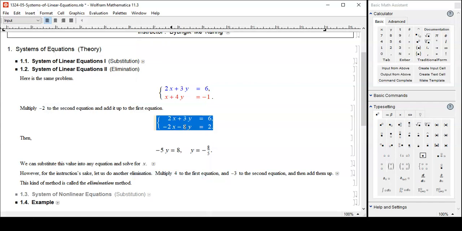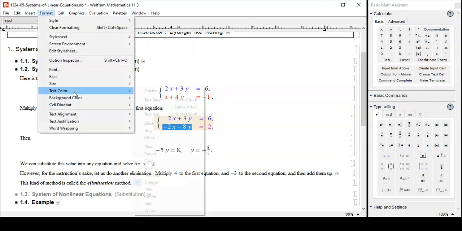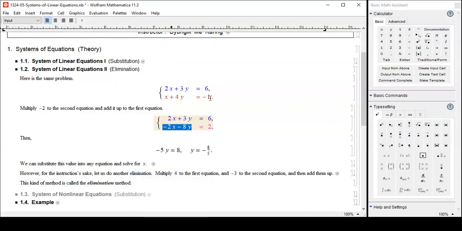Magenta. Okay, the red equation became the magenta equation here. Close to pink. So multiplying by negative 2, we get this. It's the same as the red equation actually, expressed a little bit differently.